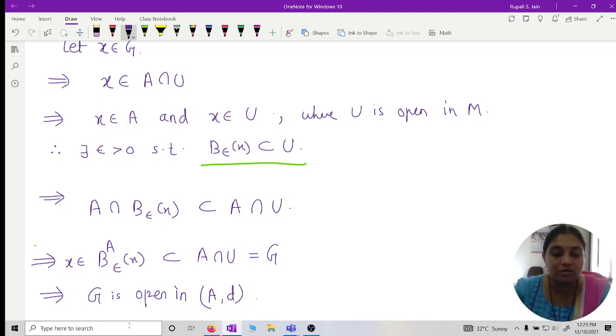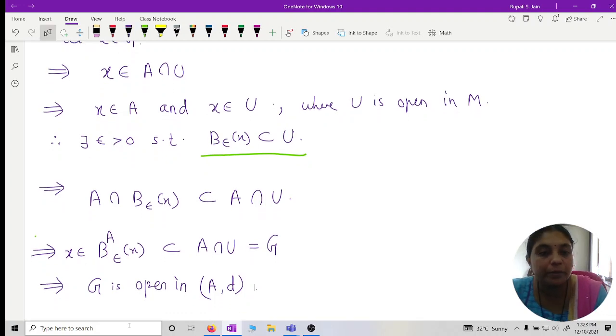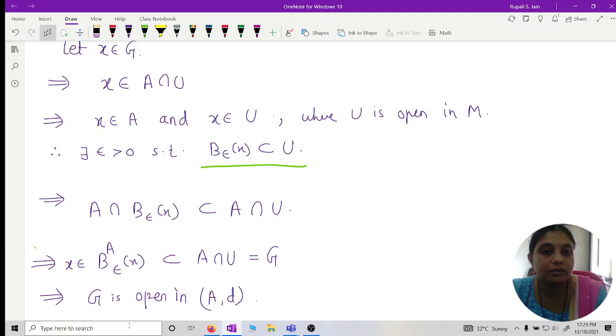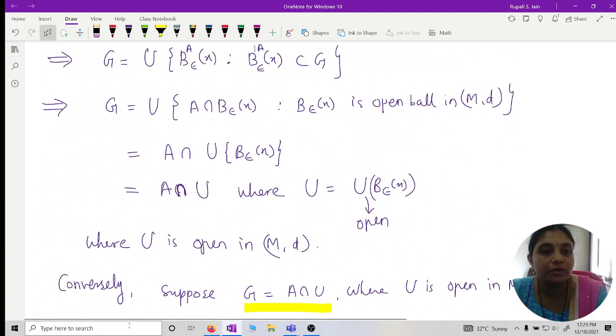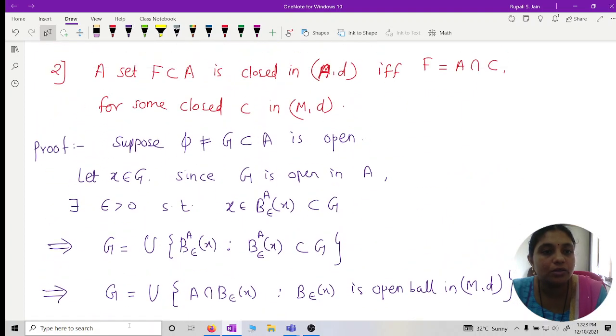So the second part you can prove on similar lines. What is the second part? If F is a closed set, instead of open you have to take closed. So a set F contained in A is closed in metric space A, D if and only if F is equal to A intersection C, where C is some closed set in the original metric space M, D. So for this, what you have to do?